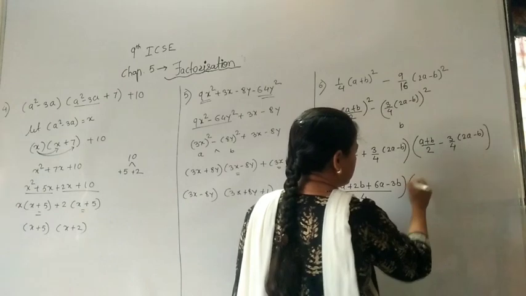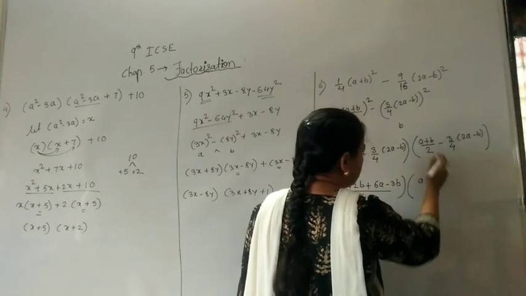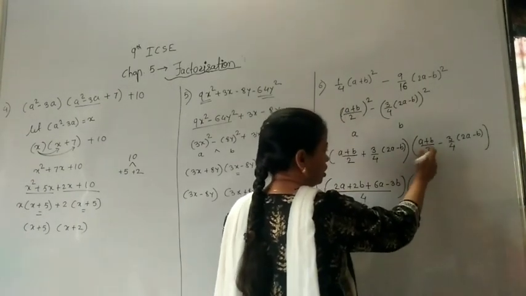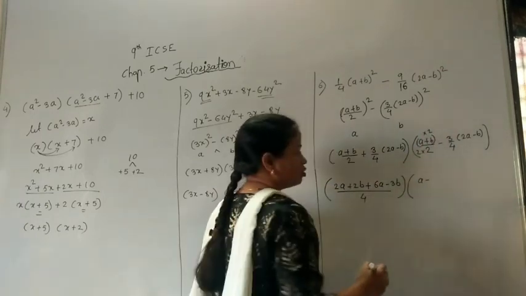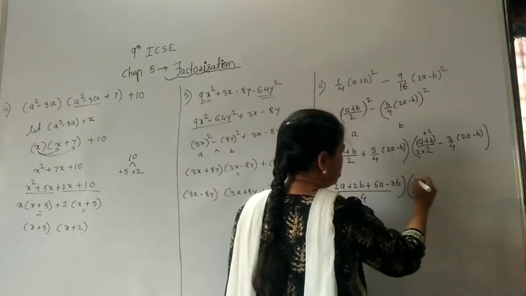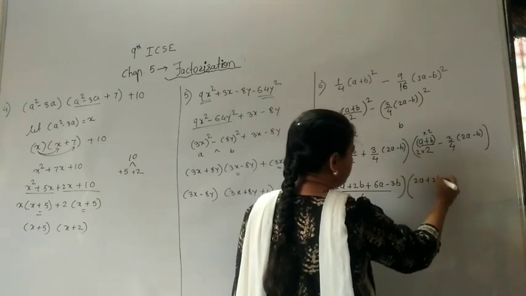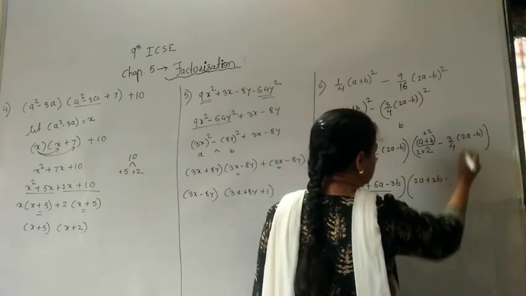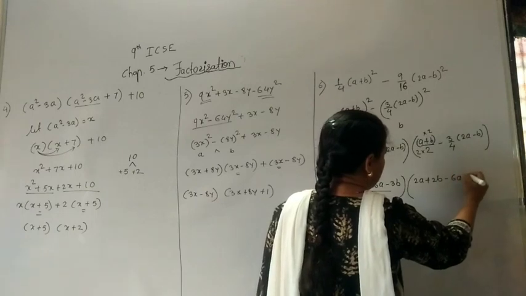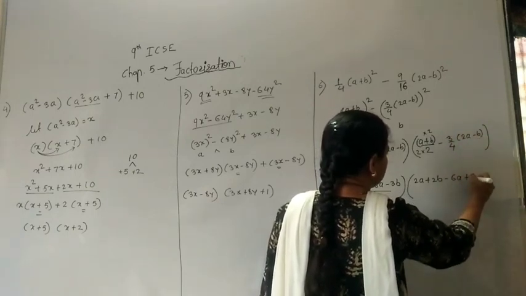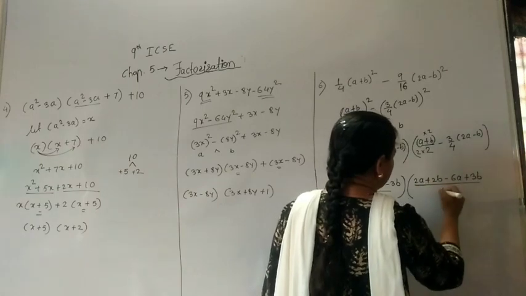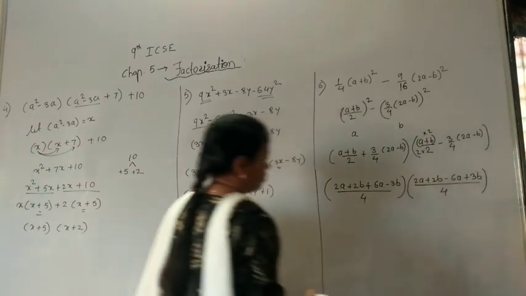And here also we have to take the denominator LCM, so multiply by 2 here also. So we have 2a plus 2b minus 6a, and minus 3 times minus b means plus 3b, upon 4.